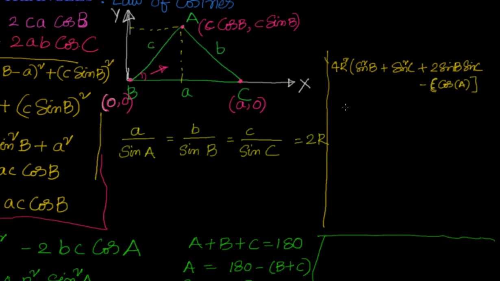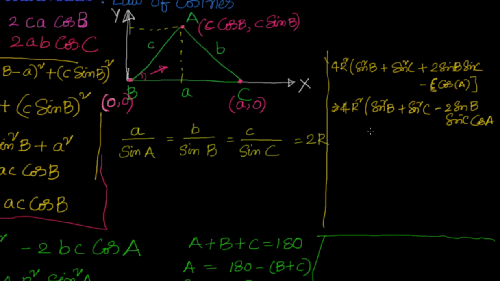This is nothing but 4R square into sin square B plus sin square C minus 2 sin B sin C cos A.